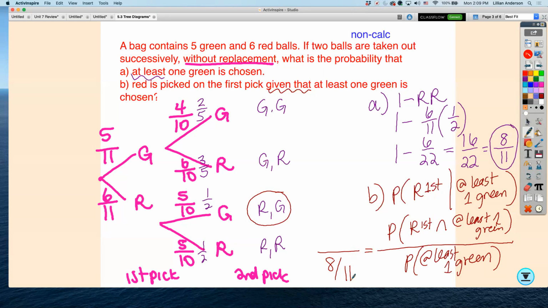But the numerator is the intersection between red first and at least one green, which would be this option right here. So I need to do 6/11 times 1/2 for my numerator.